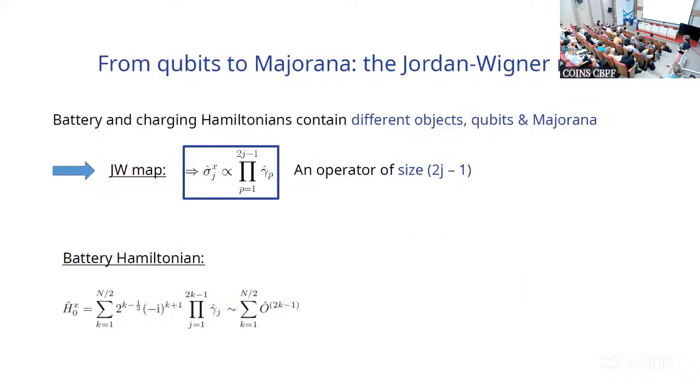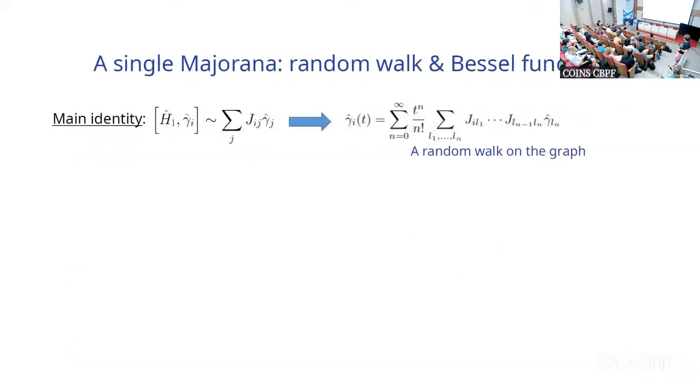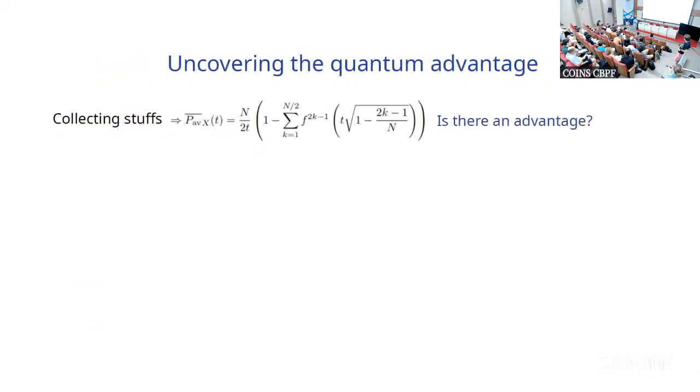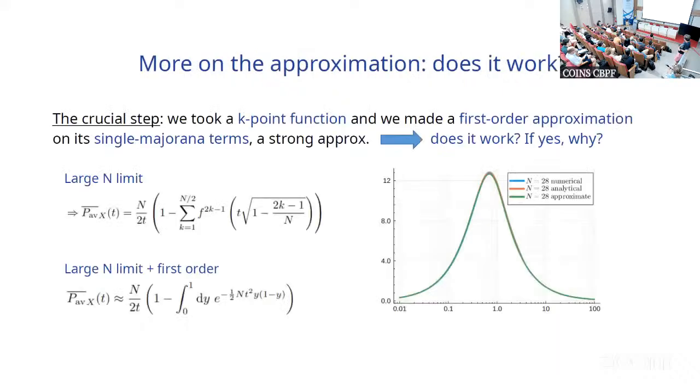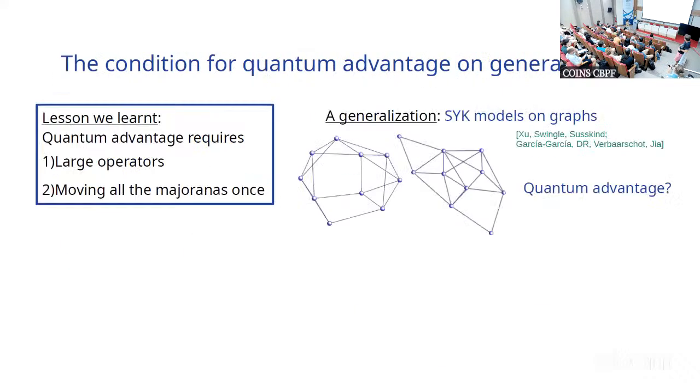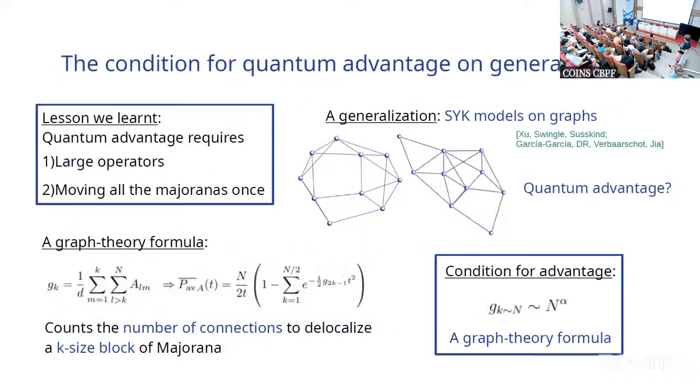Yes, I don't exactly remember, but it's a simple function of this scaling for GK. So once you have an understanding of how this graph connects the first n/2 sites with the other n/2 sites, you have an answer for the scaling.